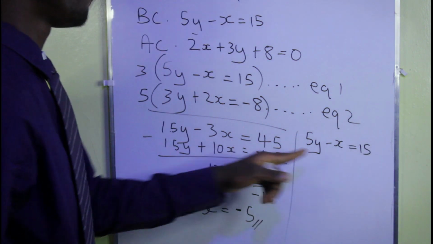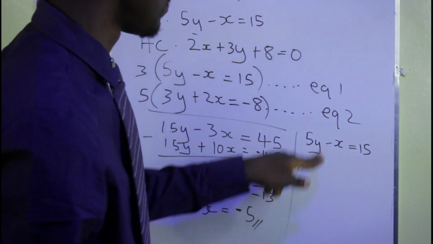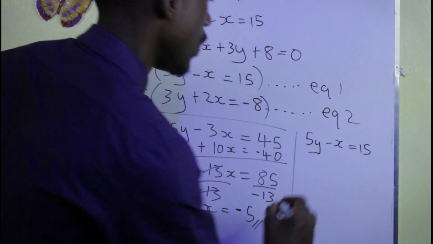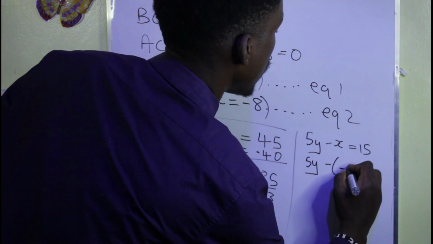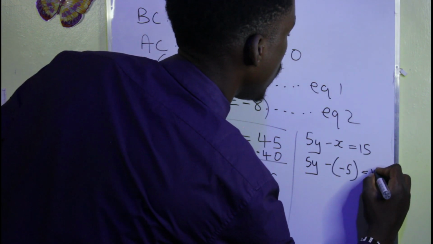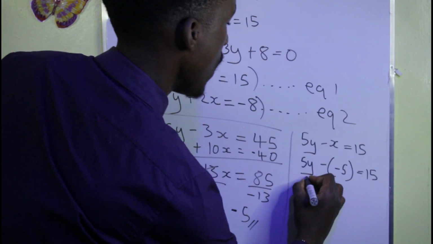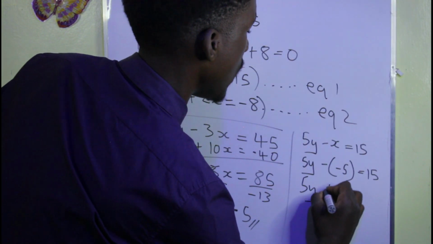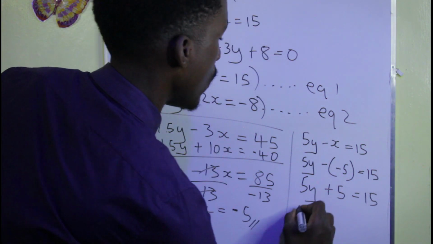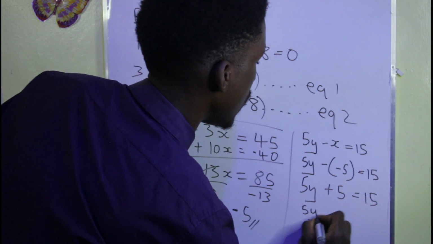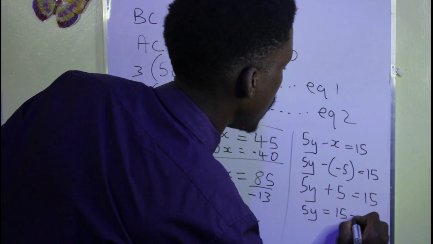Now where we have x, we replace it by negative 5. Now 5y minus negative 5 equals to 15. 5y plus 5 equals to 15. Now 5y equals to 15 minus 5.